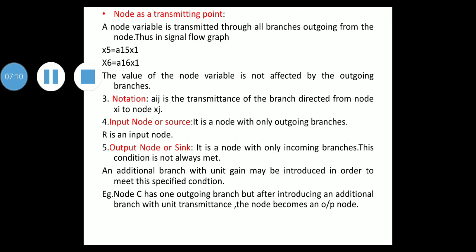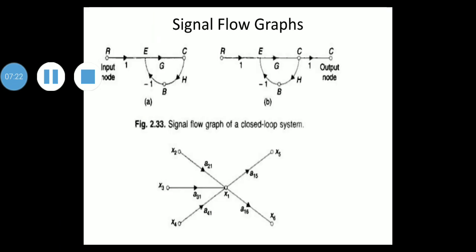It is a node with only outgoing branches. In the figure, R is an input node.